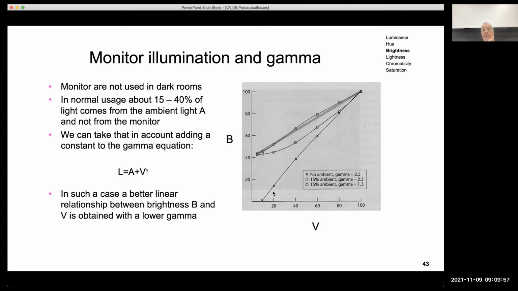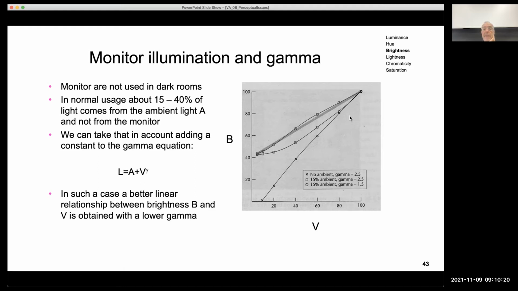And here we have some examples. This line is if we are in a totally dark room; instead, if we have 40%, no, sorry, this is about 15% of ambient light, you see that the relationship is not linear anymore.